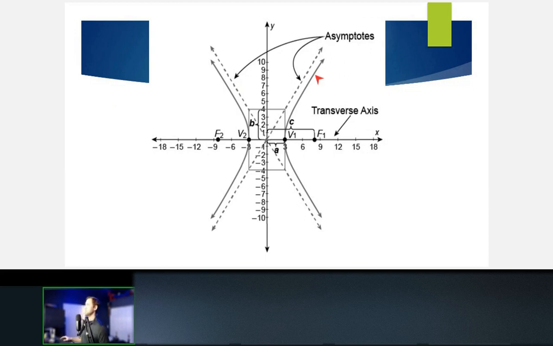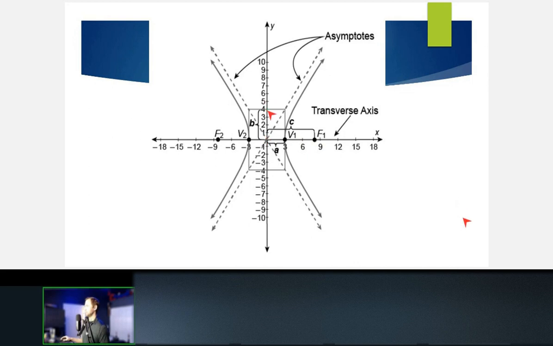All right, another diagram with certain things labeled. So we have, this is a horizontal graph because it opens up left and right. We have the two vertices plotted, so a distance of a from the center. There's your focus point, which is a distance of c from the center.